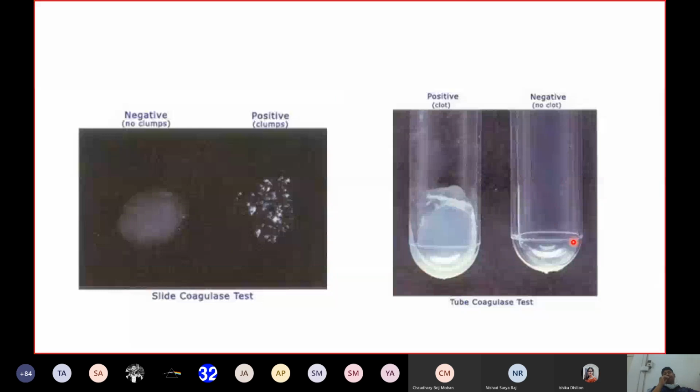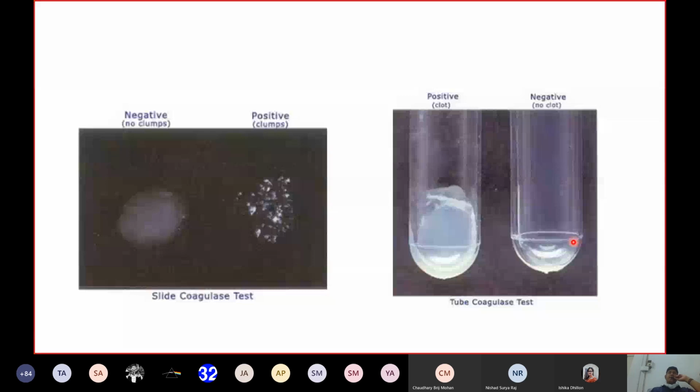Now I told you we have talked in detail about colony morphology, we have talked in detail about staining, and we have talked in detail about how to describe the colony morphology. So biochemical tests, we have just touched. So it's your job to read at home the biochemical properties, what is the use, what is the principle, and how to interpret.